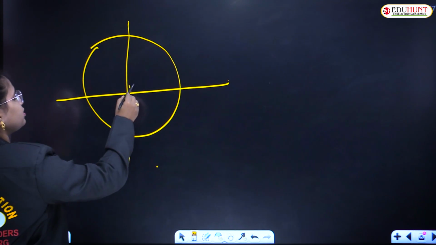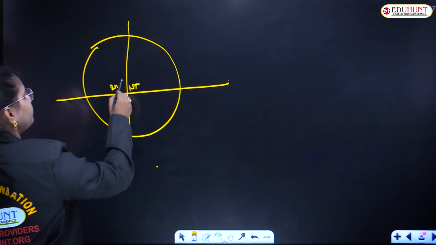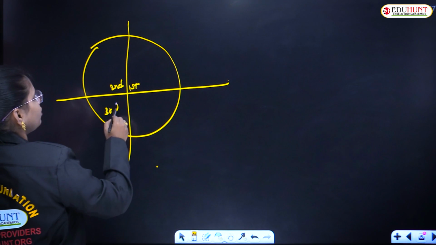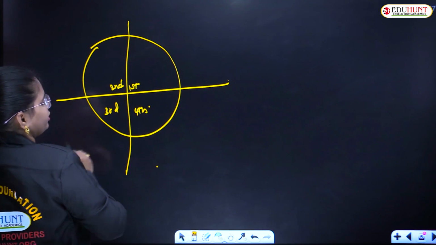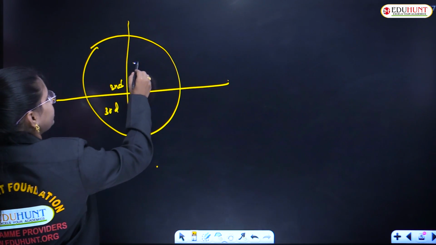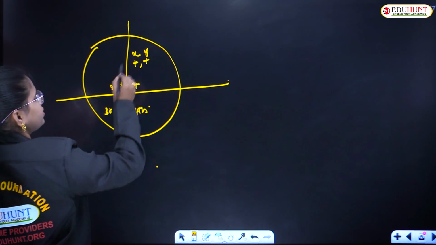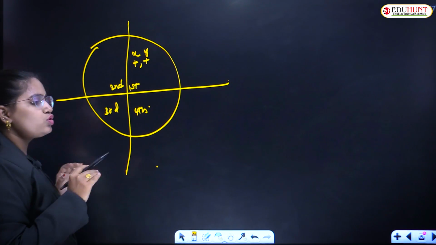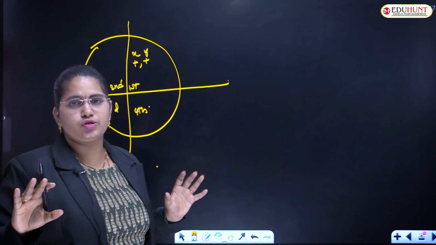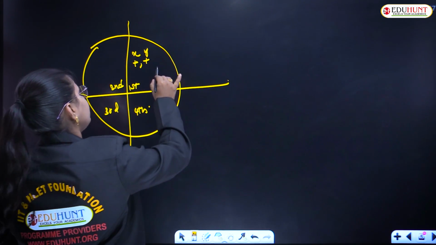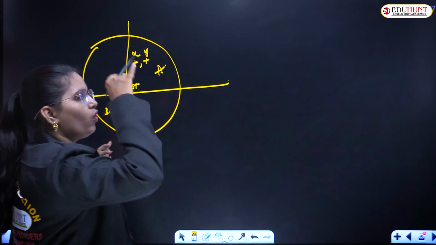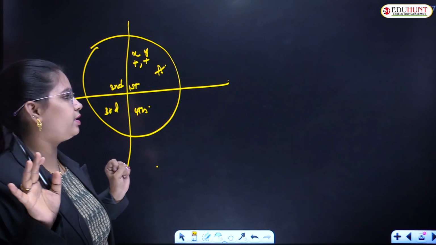This is first, second, third, fourth, right? Here x is positive, y is also positive, so all trigonometric ratios take a positive sign. In the first quadrant all trigonometric ratios are positive.